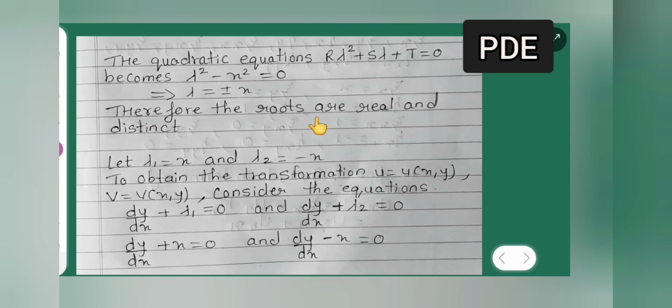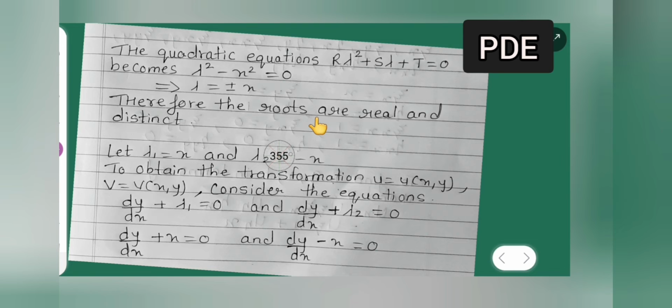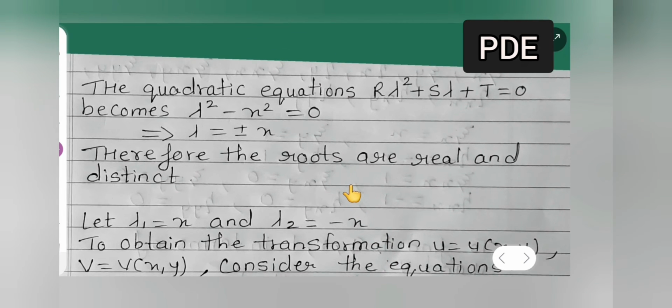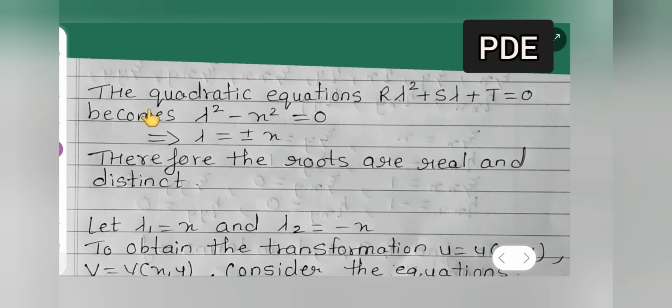Okay, next, let me zoom it a bit so that you all can understand it very well. The quadratic equation is r λ² plus s λ plus t is equal to 0. Now what was r? The value of r was 1, right?